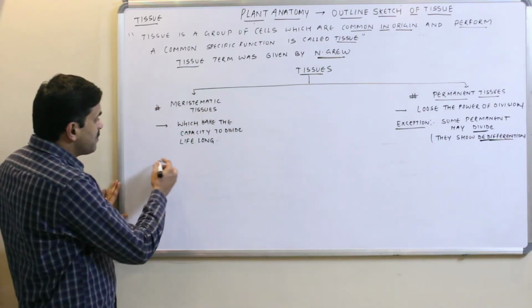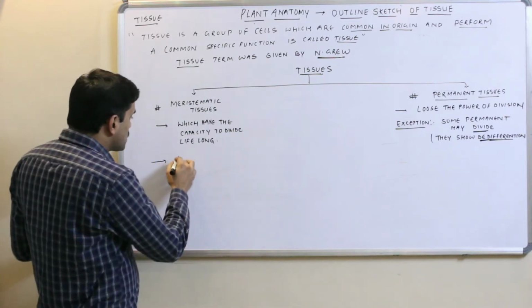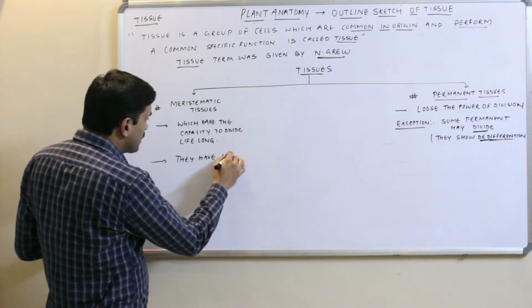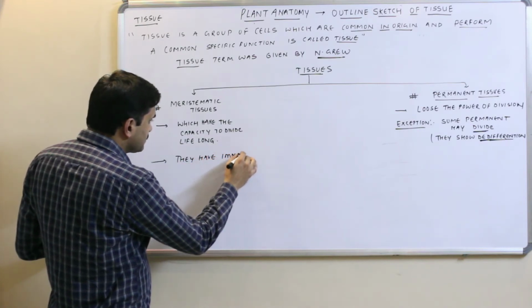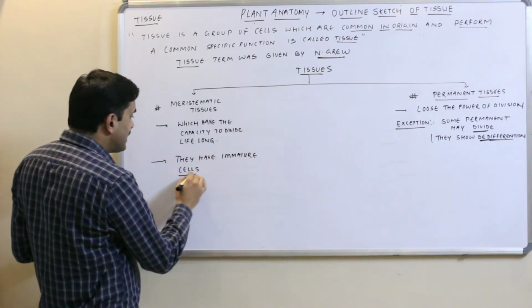Alright. Now meristematic tissues have which type of cells? They have immature cells, and that's why they can divide.